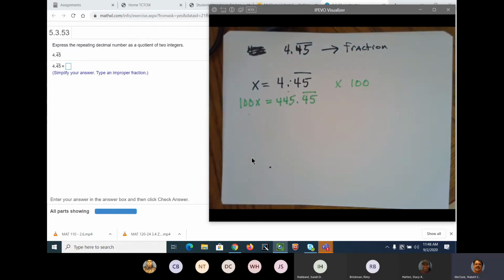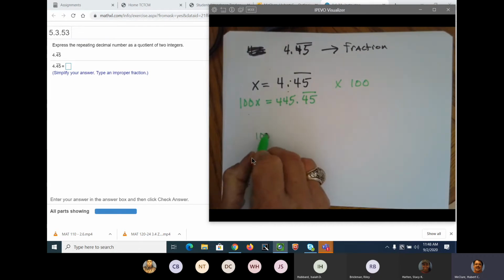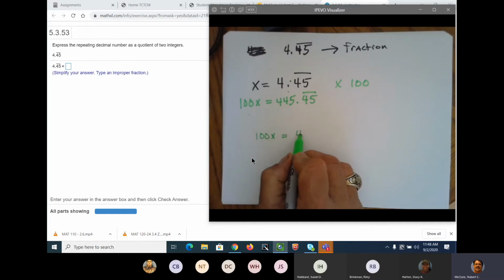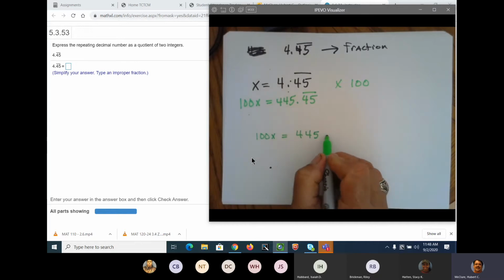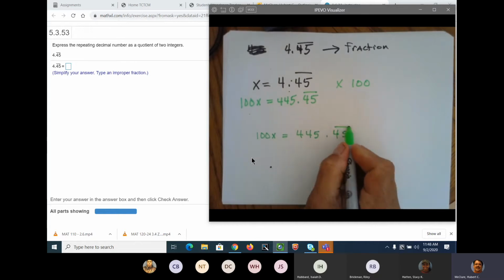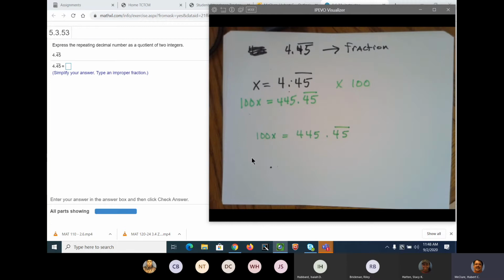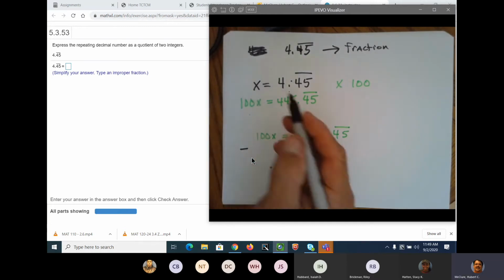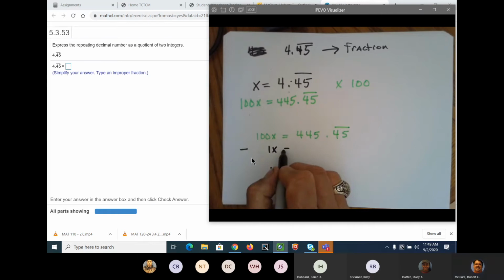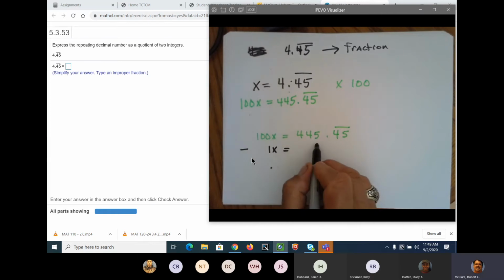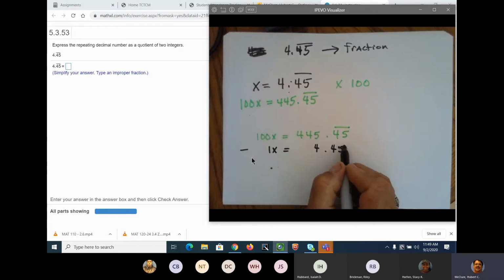Now I subtract the two. Go down here, and I do 100x is equal to 445.45 repeating minus, and that's 1x, 4.45 repeating.